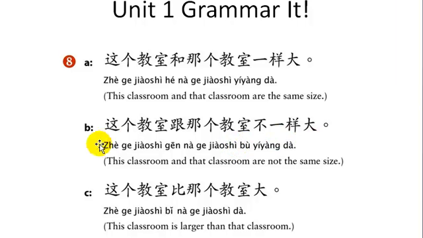Okay, so this classroom is not the same size as that classroom. Here's another example. 这个教室比那个教室大. Right? So this classroom is bigger than that classroom.